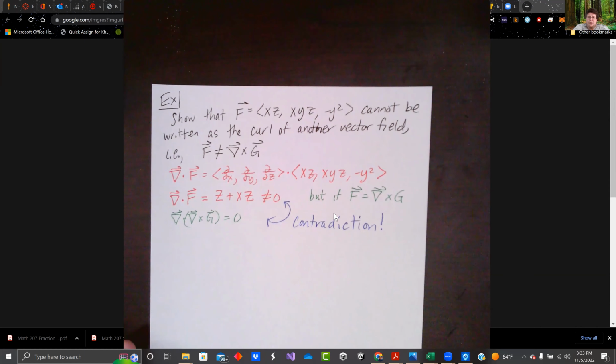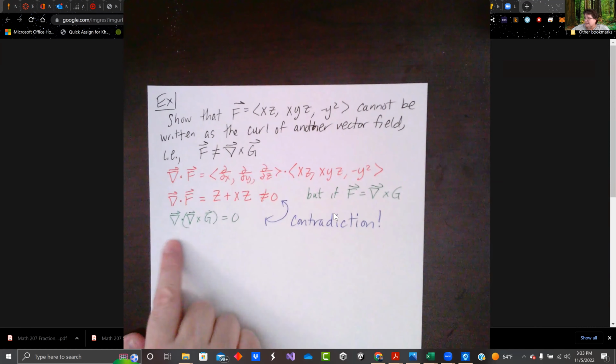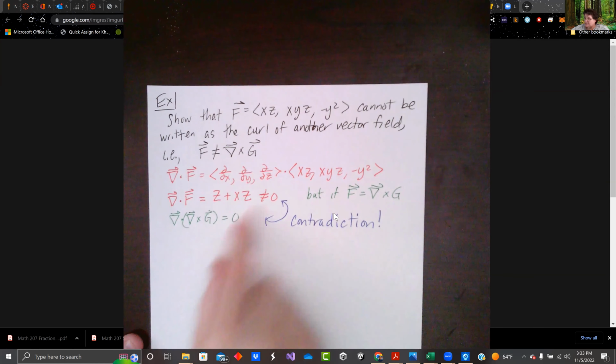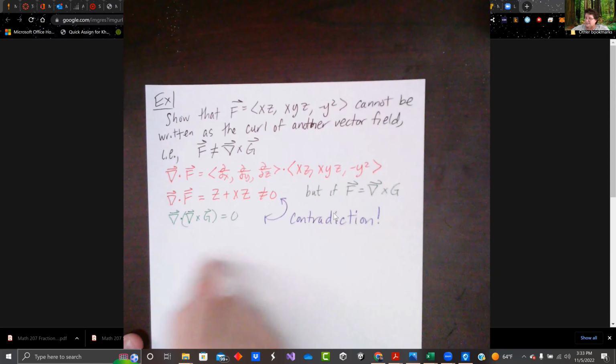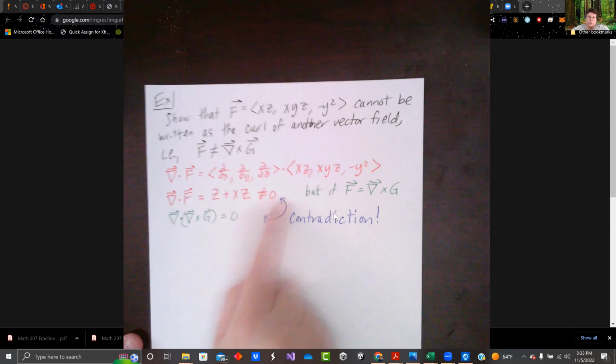If we take the divergence of F, it is non-zero. But if F was a cross product of the del operator and G, the divergence of a curl is always 0, which means we have a contradiction. If F is this, we get 0, but F doesn't give us 0, so it can't be it.